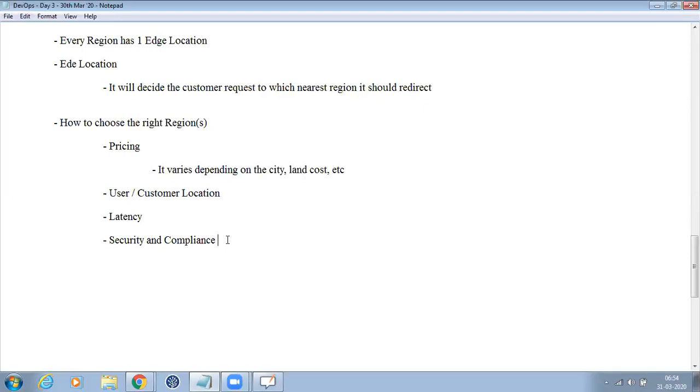Any transaction. This comes under security, which is very important in various industries: defense, space research, biotechnology, any R&D organizations. Security and compliance are very important.